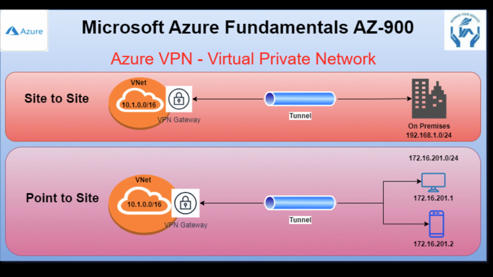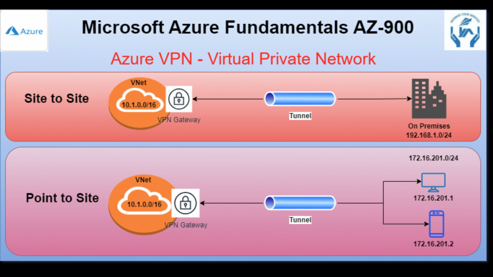Point to site means when you are connecting with your device, which is a laptop, any desktop or any mobile application, any other single device, to any virtual network which is on cloud or maybe on premises. If you are connecting your device with your Azure Virtual Network, then you have to create a tunnel which should be secure.